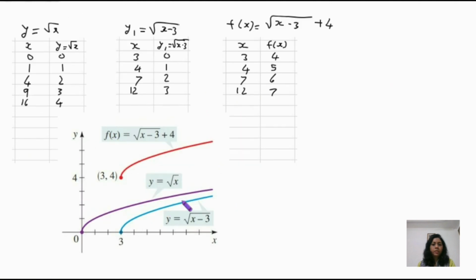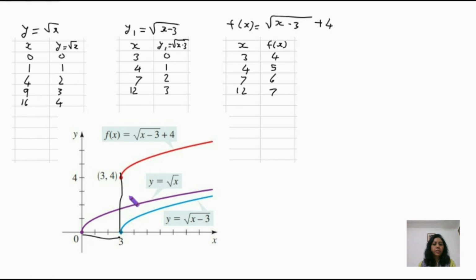Okay, you can see this graph. This is the original one, y equal square root x, and the next one is square root of (x minus 3). So this is a 3 unit right side shift, and this is a 4 unit upside shift.